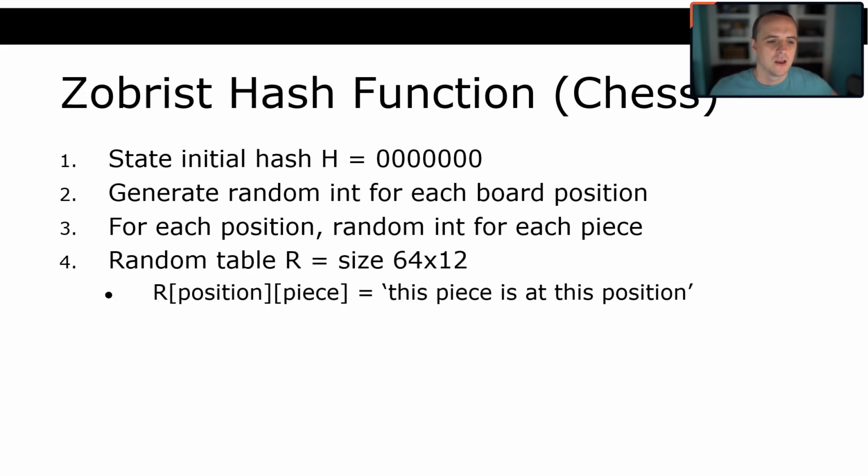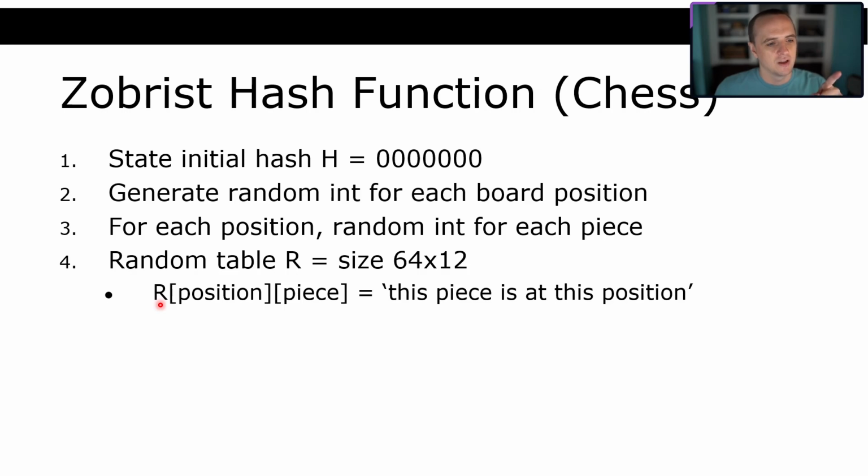So for chess, for example, we have 64 possible positions, and there's 12 different pieces that exist. 6 different pieces per color, 2 different colors, 12 possible pieces. So we're going to create a table of size 64 times 12, a 2D array, 64 by 12. Each of these is going to be given a random value, right? We're just going to generate some random numbers and put them in there.